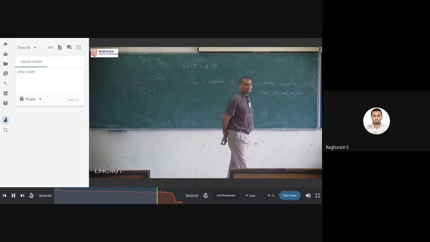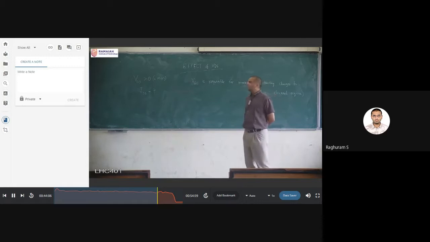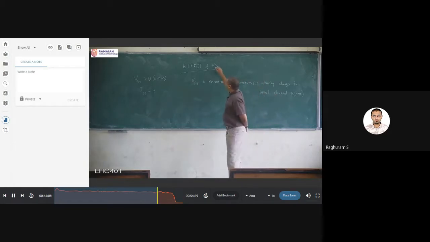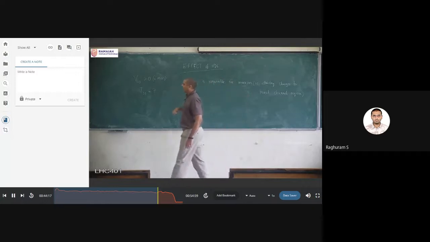And for that, we have to look at the drain source voltage, because the current is IDS. IDS means it has to flow in the horizontal direction. Maybe I'll redraw the cross section.